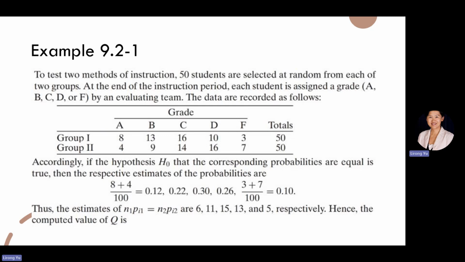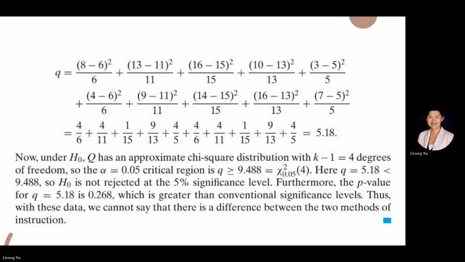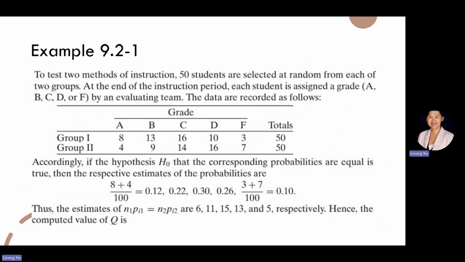So here the probability at the bottom row is calculated for the total probability, including group 1 and 2. So we're calculating the chi-square for all the observations in the question. In this case, the observation has A, B, C, D, E. There are 5 for group 1, 5 for group 2. Altogether it is 10 observations, right?